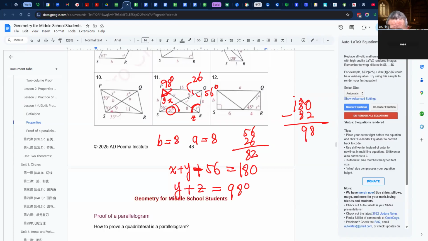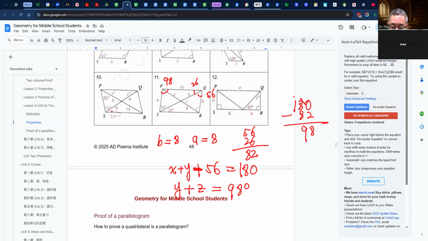Let me make sure that's clear. Okay. So we know this side is 26 and this side is 56. And the whole thing here is 98.